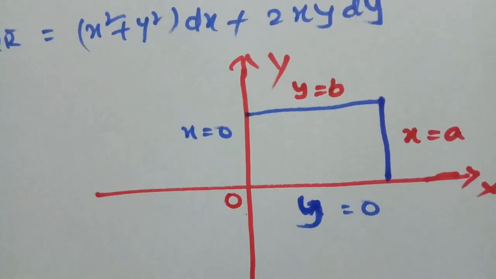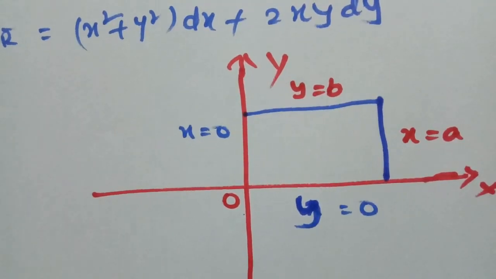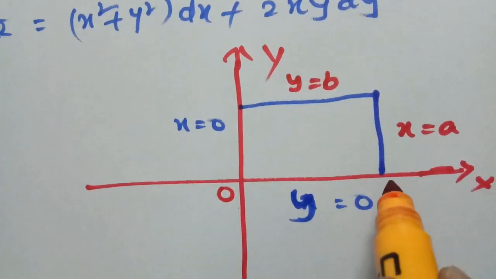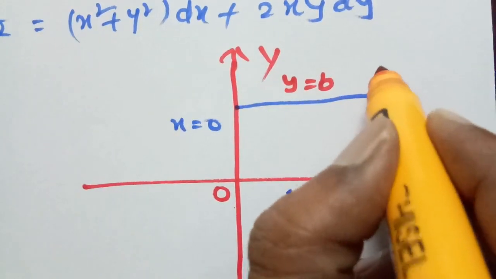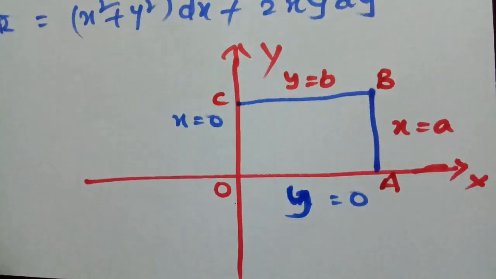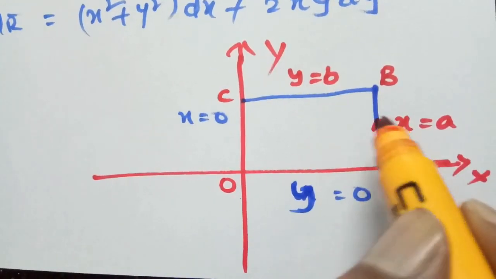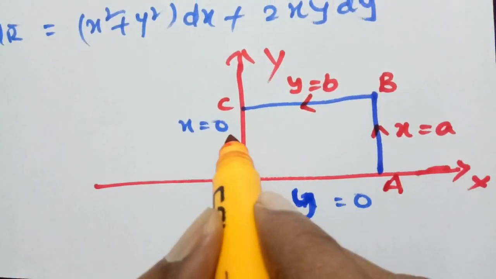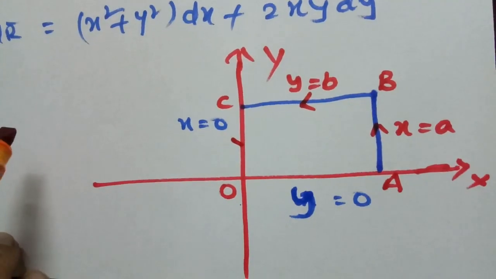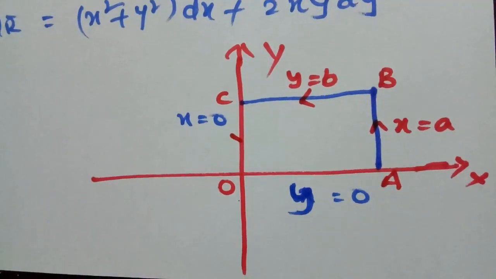The points are, say, O, A, B, C, and the direction is anti-clockwise, the positive direction.